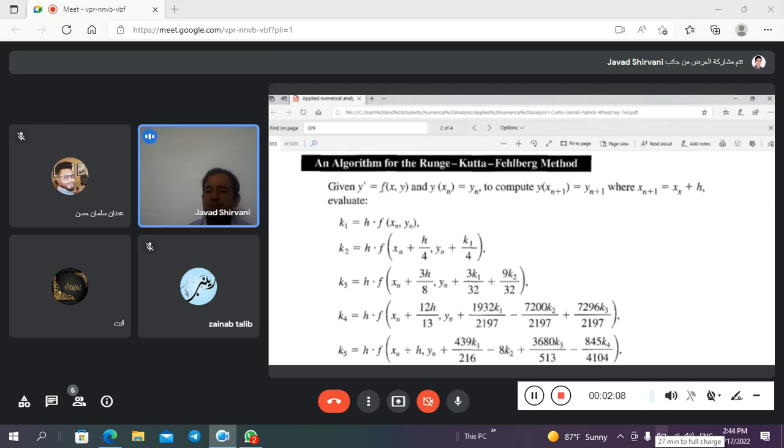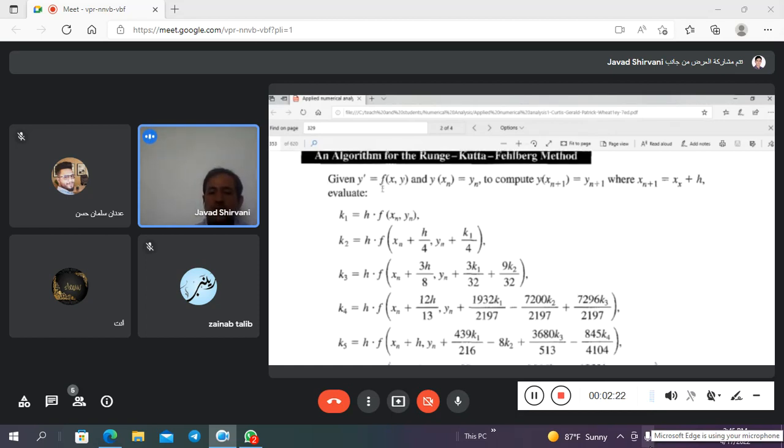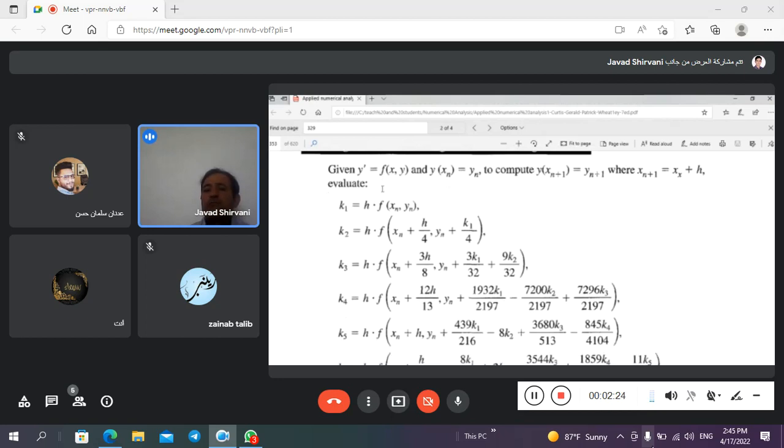To compute y in the next step, y(xn+1), we use these steps to find the value of y at xn plus h.